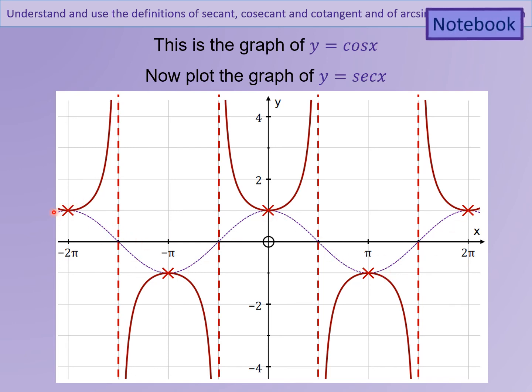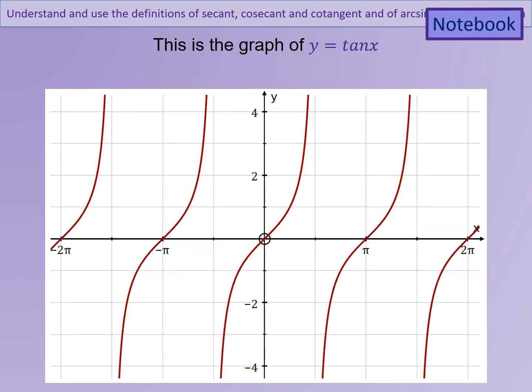The examiner will expect you to make sure that you've got it lined up with 1 and expect you to have your peaks just here lined up with minus 1. Doesn't expect you to put the blue curve in, but you do need to know this graph, which is the sec graph. Notice it's got nothing to do with inverses because it's not one-to-one functions. Okay, nothing to do with inverse functions at all. Right, I'll pause, give you a chance to make sure you got it down correctly in your notebook.